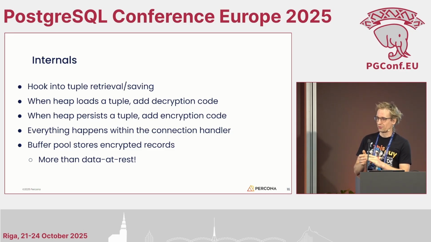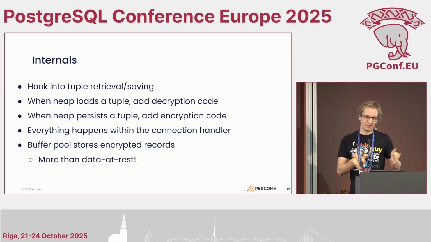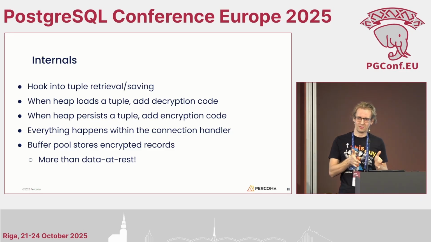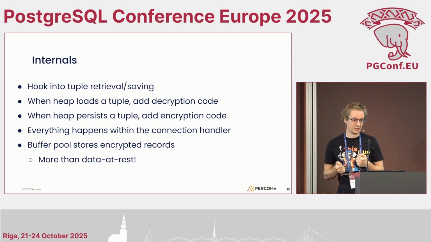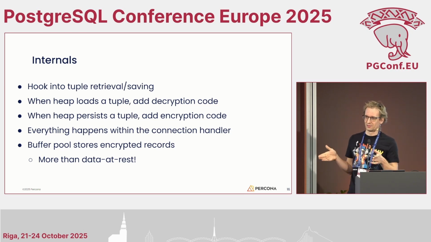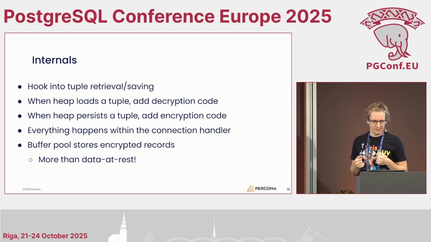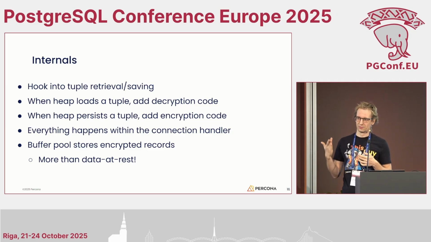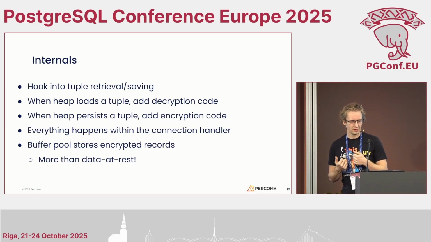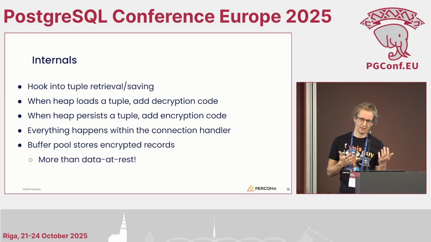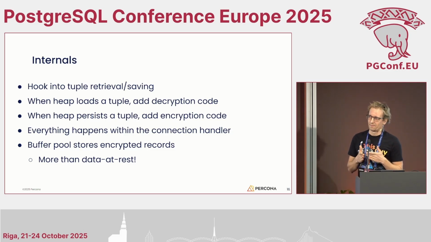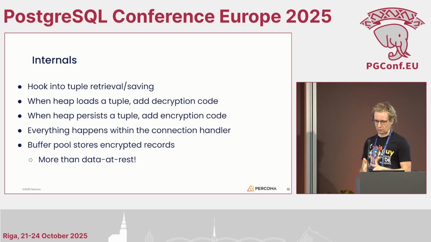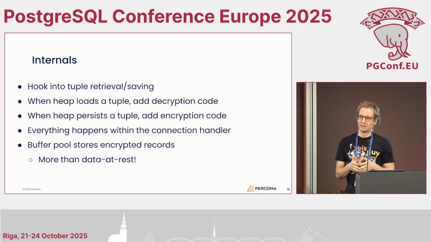PostgreSQL stores data in tuples, which, in a really simplified way, are just database rows. So basically, we hooked into this part of the heap access method, and we added decryption code anytime we read a tuple, and encryption code anytime we write a tuple. The interesting thing about this approach is that the entire thing happens in a single connection handler.